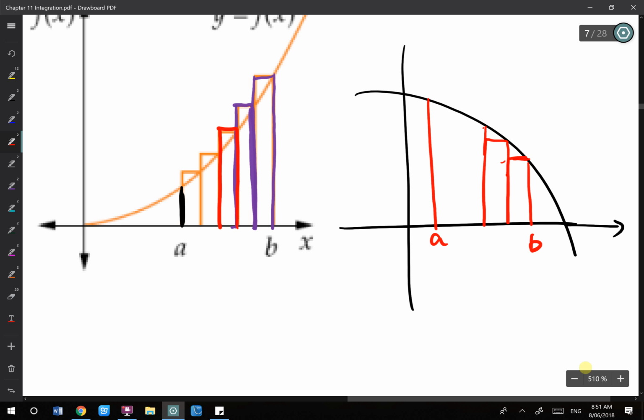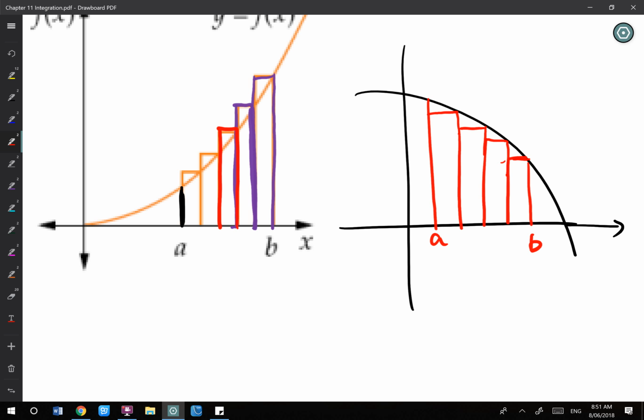Now I use this height to draw the next one, and then we use this to draw this one. So I just create 4. This is underestimate. Right-hand side approximation for both diagrams, but one underestimate and one overestimate. So it depends on whether it's an increasing function or decreasing function.